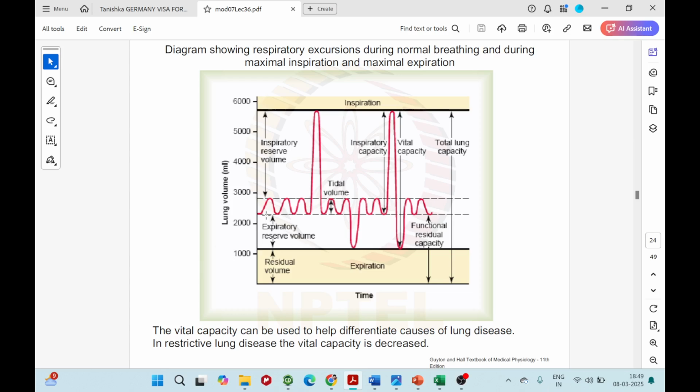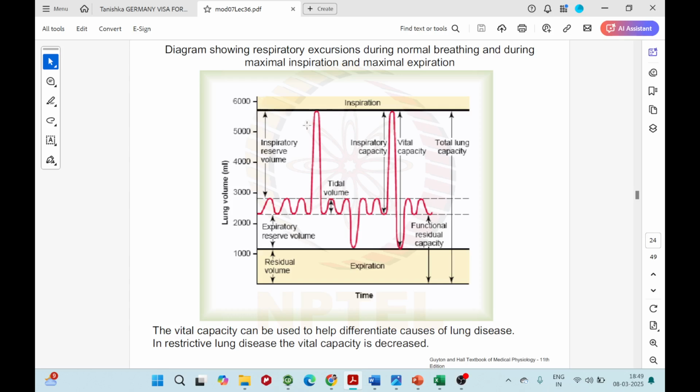Then you undergo inspiration, the normal inspiration, and then you inhale more, as much as you can. In the normal condition, the lung volume increases from 2200 to 2800. When you inhale a lot of air, the lung volume can go up to a maximum of 5800, 5700 ml.